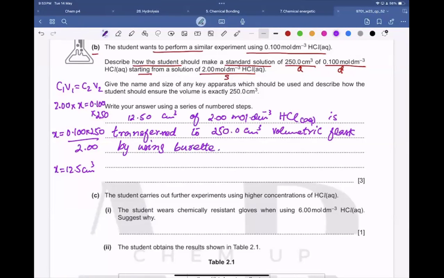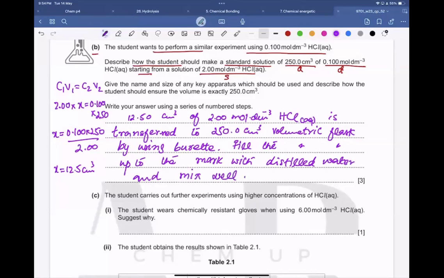And for accuracy, we need either a burette or a pipette. Fill the volumetric flask up to the mark with distilled water and mix well. Is this clear to all of you?